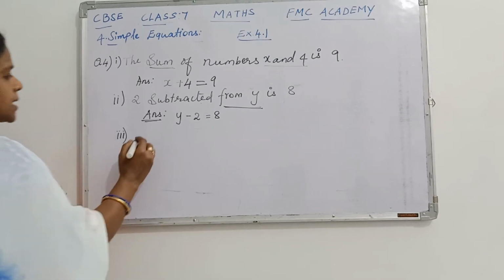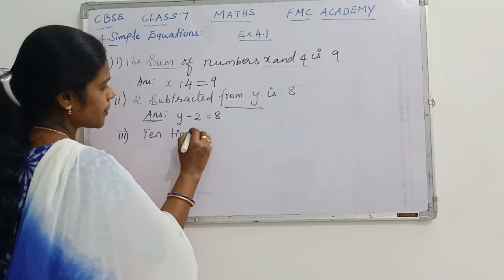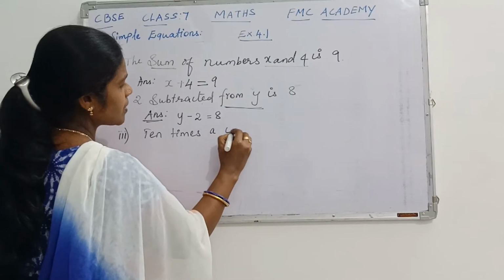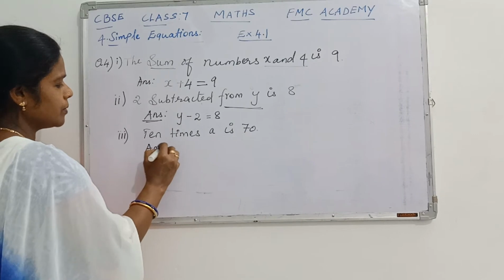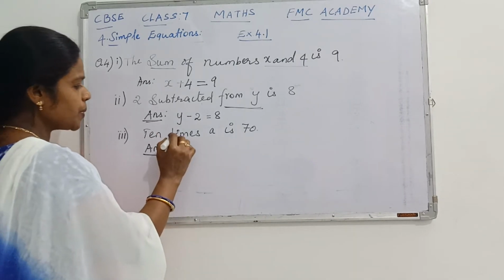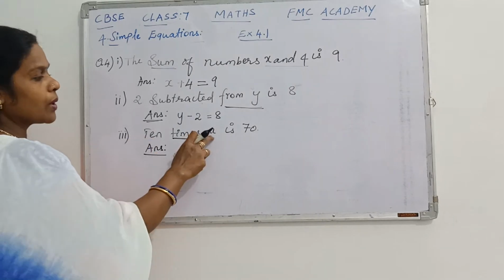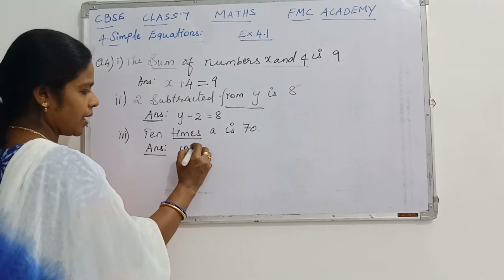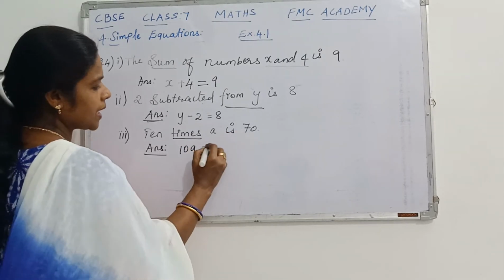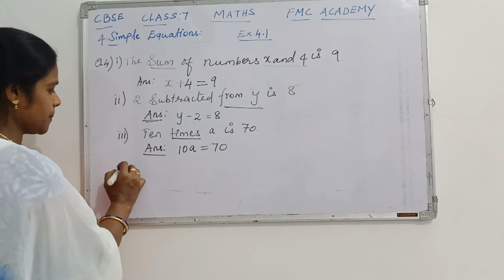10 times a is 70. So what is the answer now? Okay, just see. Times means it is multiplied by. Means 10 and a you are going to multiply. 10 times a, that is 10a is equal to 70. 10a equal to 70.